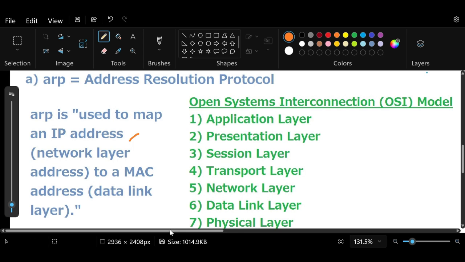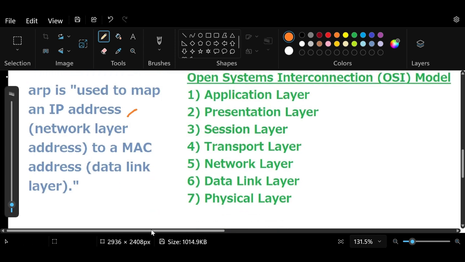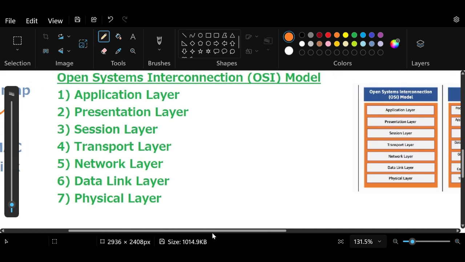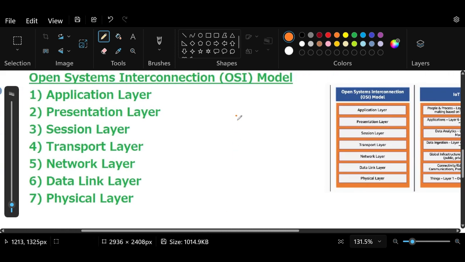And if we investigate what about the network layer address and the data link layer, what about those things? It turns out that if you remember the Open Systems Interconnection model, or OSI model, we'd have several of these layers. The idea is if we got the machine, afterwards somewhere higher we got the data link layer.